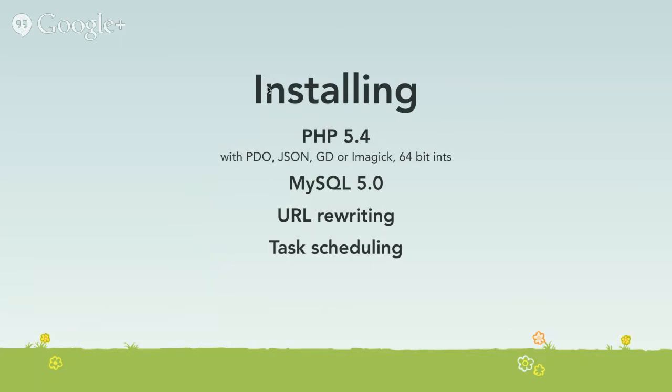With that, it needs the PDO library, which is the library that PHP uses to talk to your database. It needs JSON support. It needs either GD or ImageMagick for image manipulation. And you need 64-bit integers for the Dropbox support. It also requires MySQL 5.0, which is common with Perch.